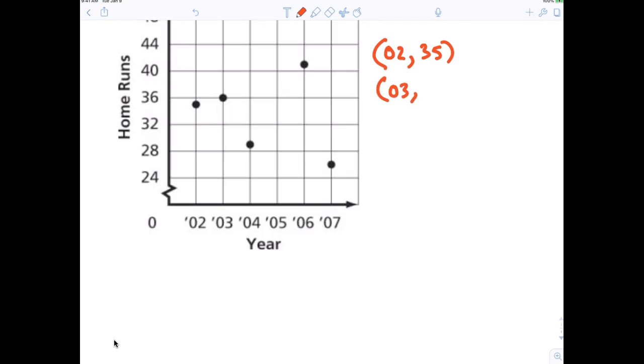03 and 36. The next one would be 04 and probably 29. The next one is 06 and it was 41. And the last one, 27.